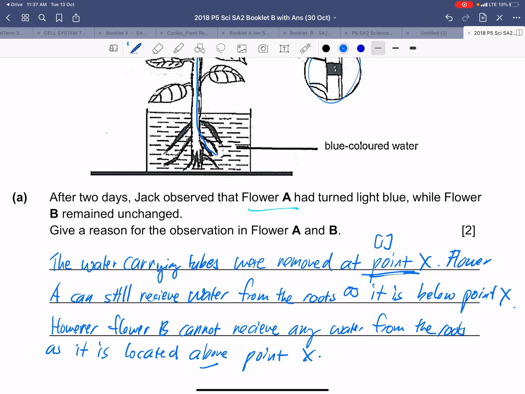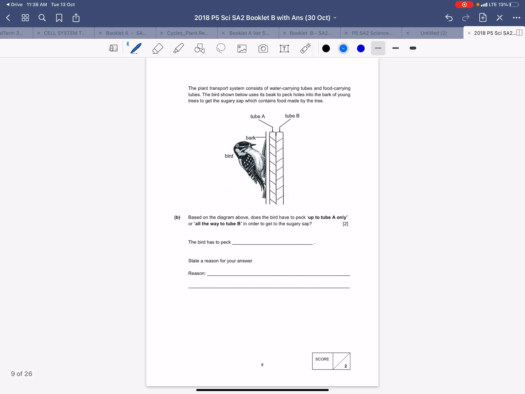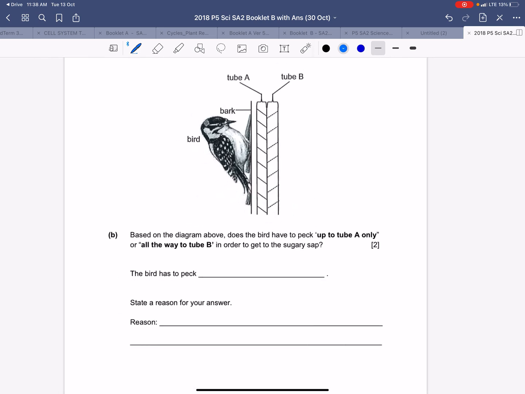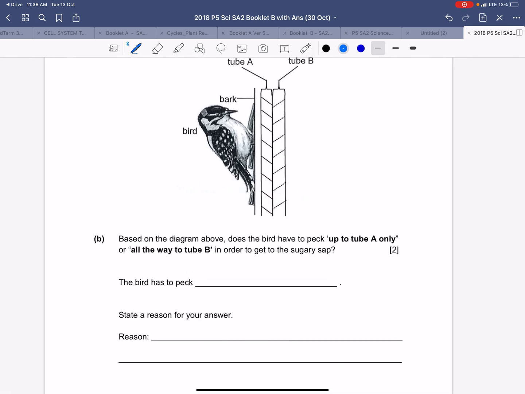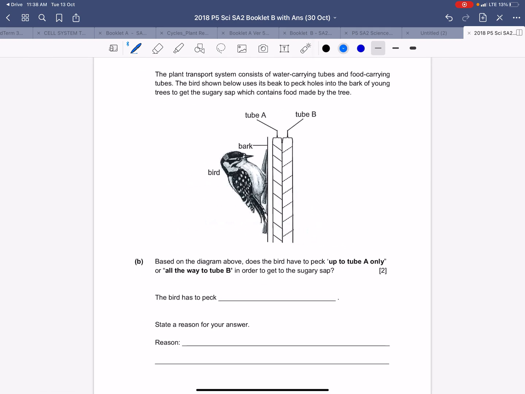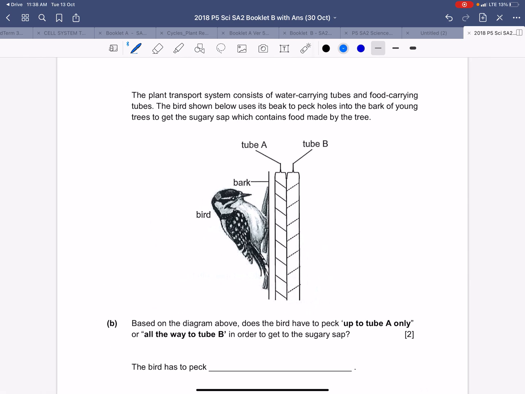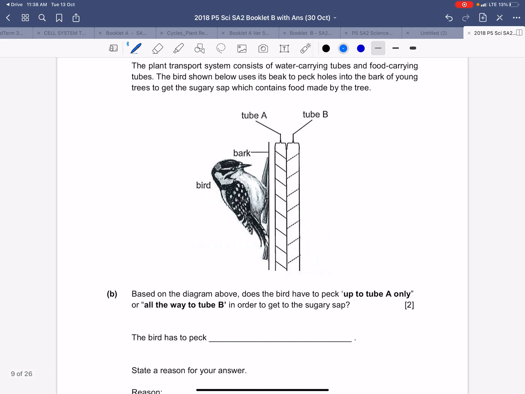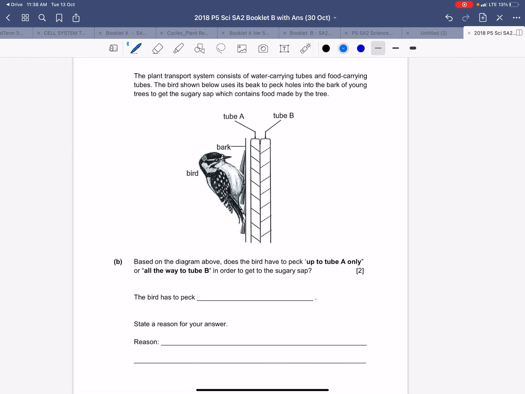Okay, moving on. Now, this question over here. Some of you, I have not completed marking for this question.